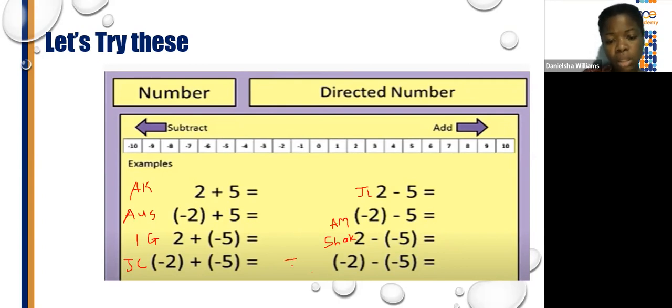Roxanne's camera is up, but I'm not sure if she has audio. Roxanne, do you have audio? Remember, you can type your response.